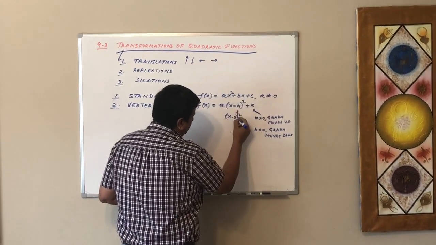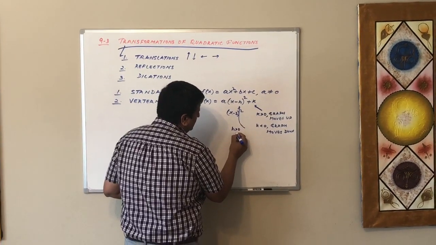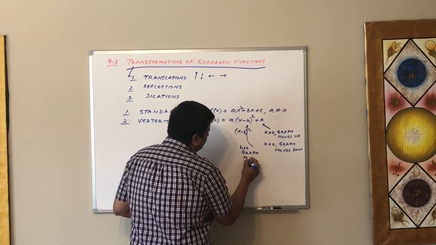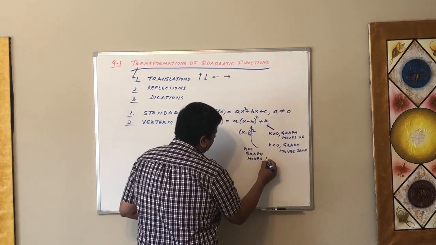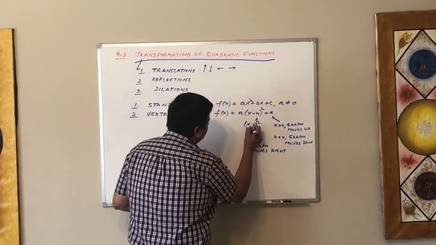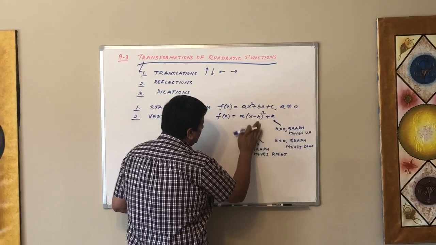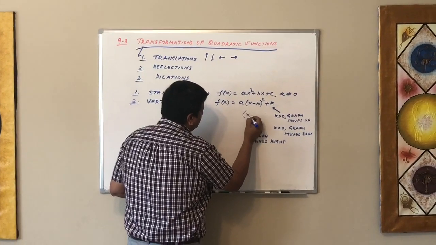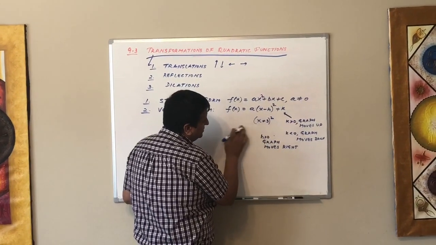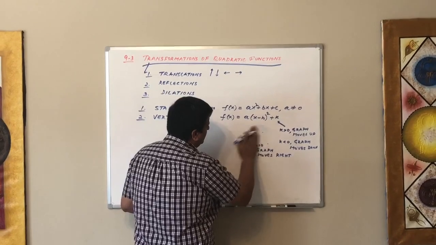So h is basically 2, or h is greater than 0, the graph moves right. And if there is a plus sign here, for example, if we have something like (x + 3)², then this graph is actually going to move to the left by 3 units.